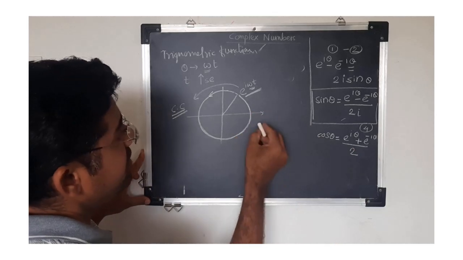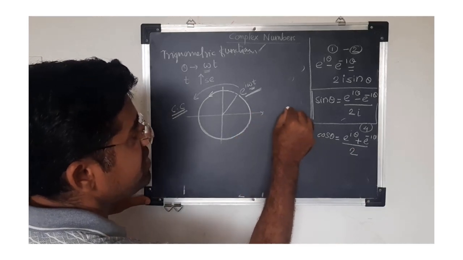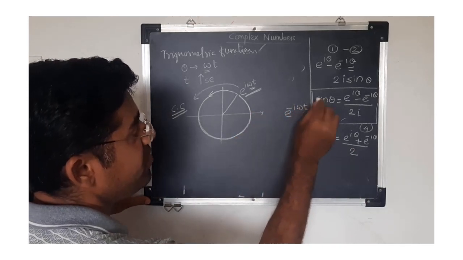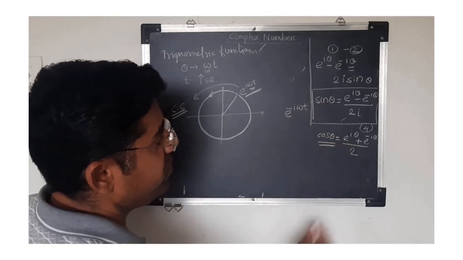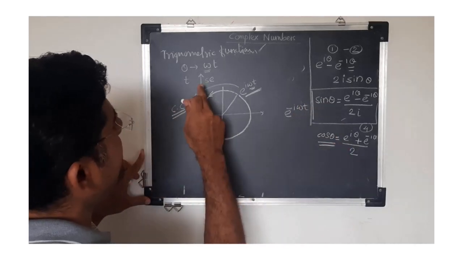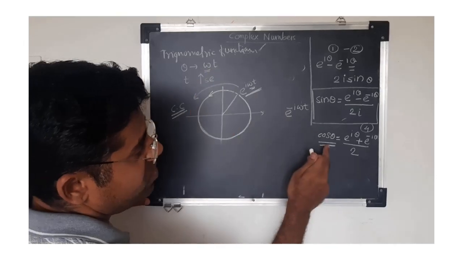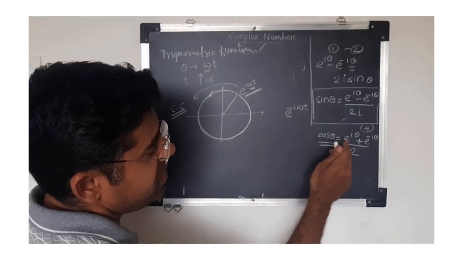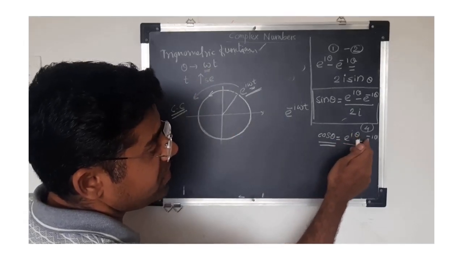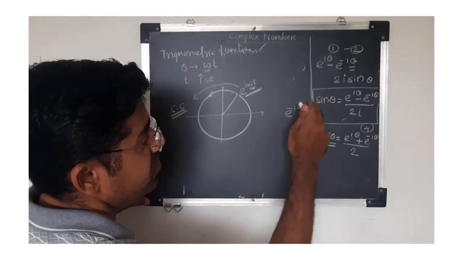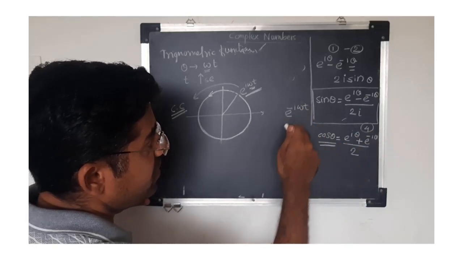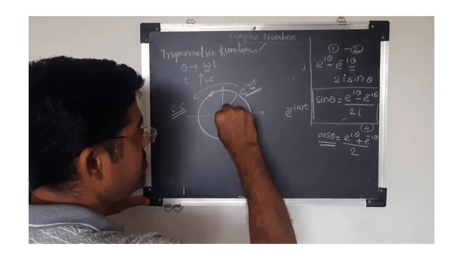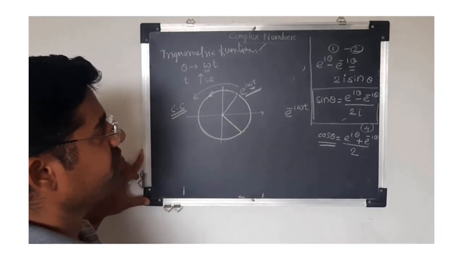Now second, we want to define e raised to minus i omega t, because I want to find the value of cos omega t. We have replaced theta with omega t, so cos of omega t is e raised to i omega t plus e raised to minus i omega t.